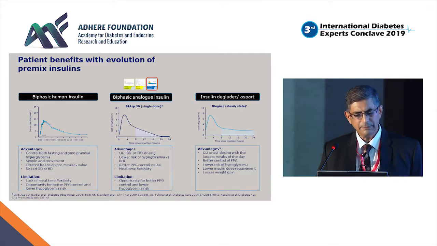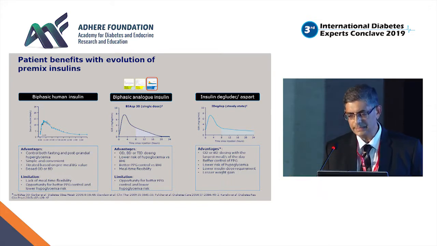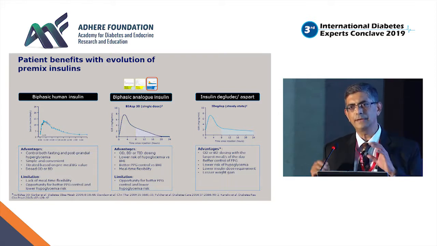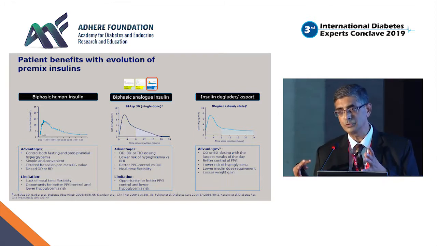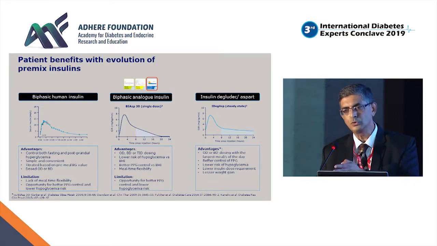This is all with the aim, as I told you earlier, that you want to address both the fasting and post-meal sugars. If you are looking to reduce the burden of insulin injections, then perhaps your new desired insulin of degludec and aspart comes to your rescue, where they have better control of both arms. If both the fasting and post-meal sugars are high, with the highest meal giving the glycemic excursion, you can give this co-formulation.